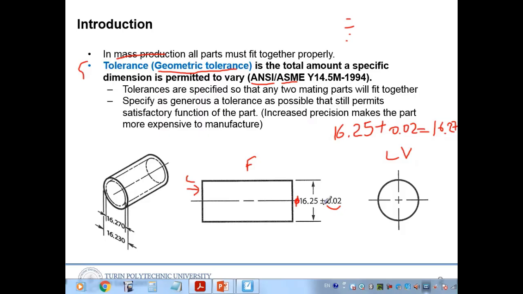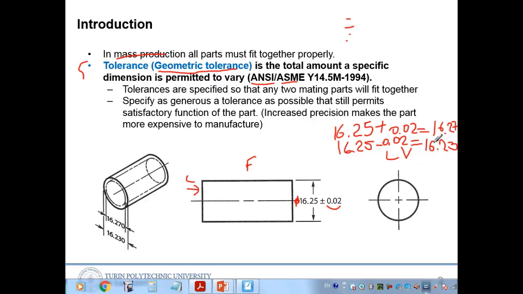And if you subtract, 16.25 minus 0.02, you will get 16.23.